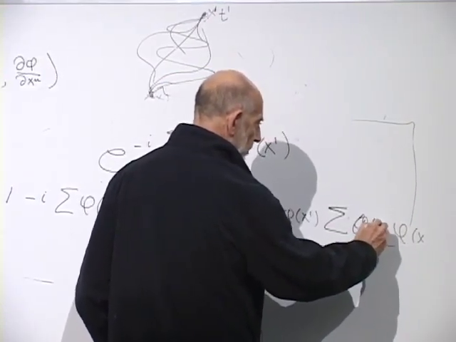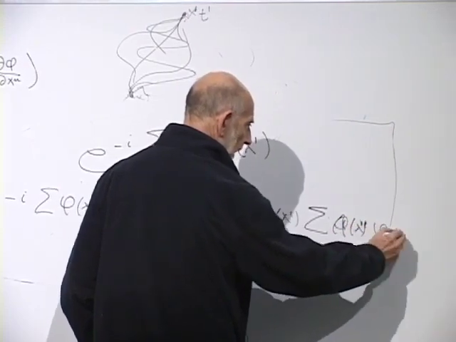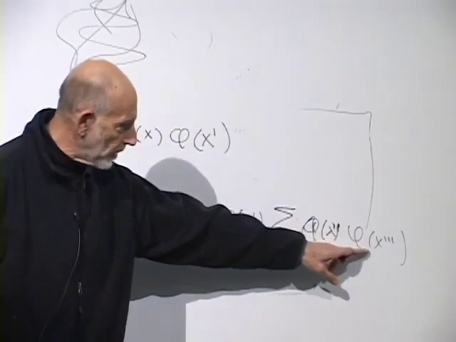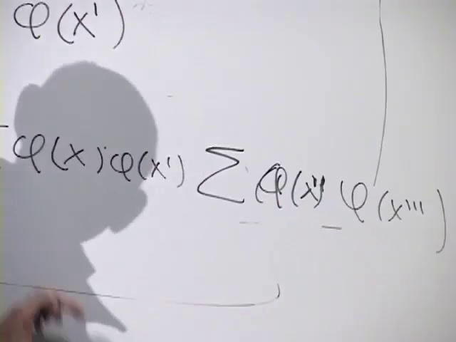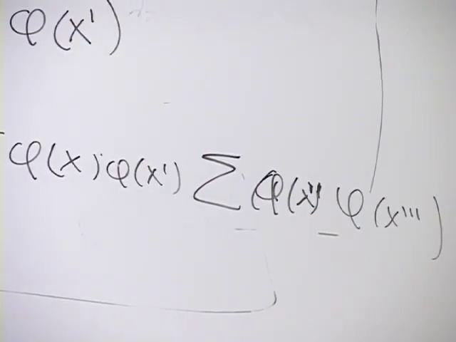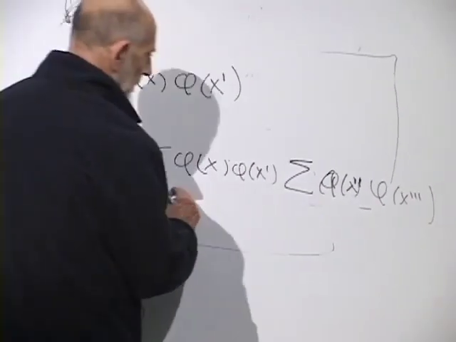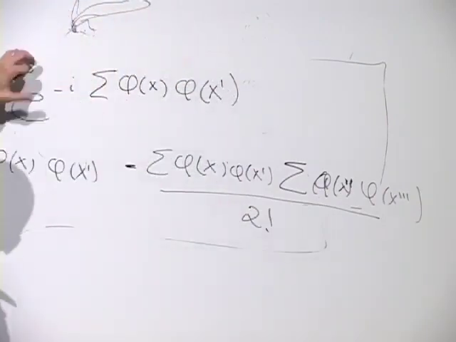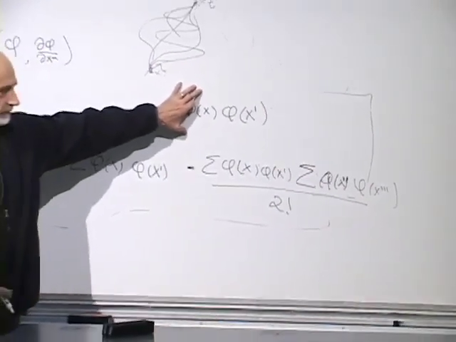Or this could be phi of x prime, x double prime, x triple prime. X double prime and x triple prime are one pair of neighbors. This is another pair of neighbors, and I think I left out a factor. There should be a 2 factorial downstairs. I'm simply expanding out the exponential here.